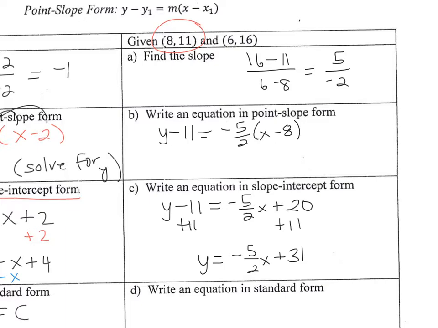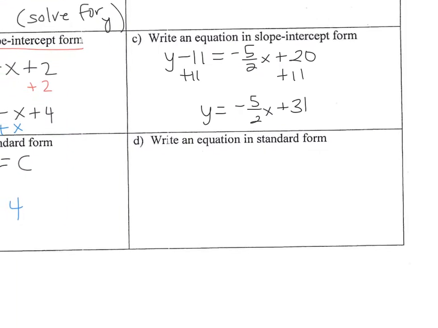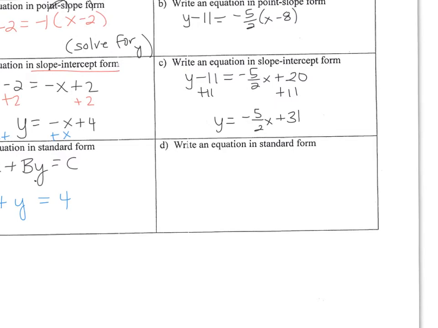Now my last step is to write it in standard form. So for standard form, I want to get x and y on the same side. So I'm going to add 5 halves x. So it's going to be 5 halves x on this side, positive because you added it, plus y equals 31.